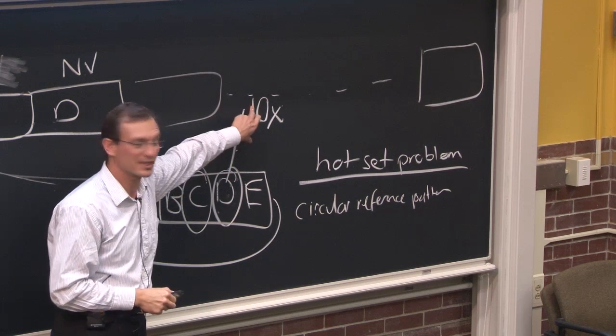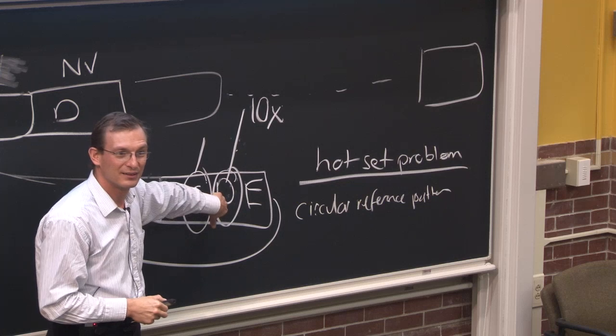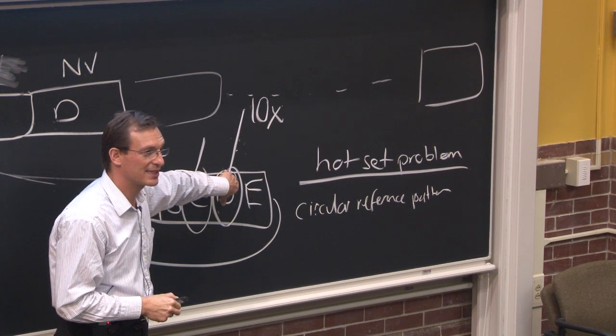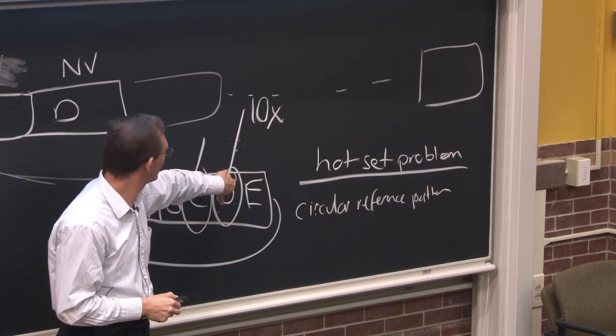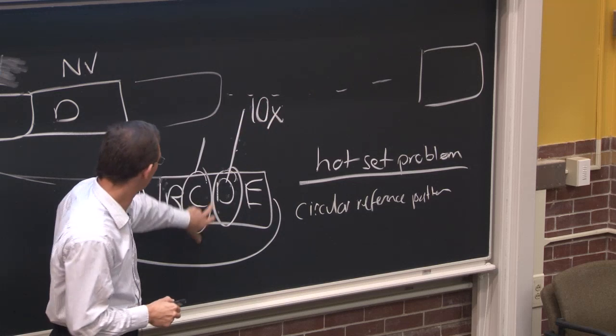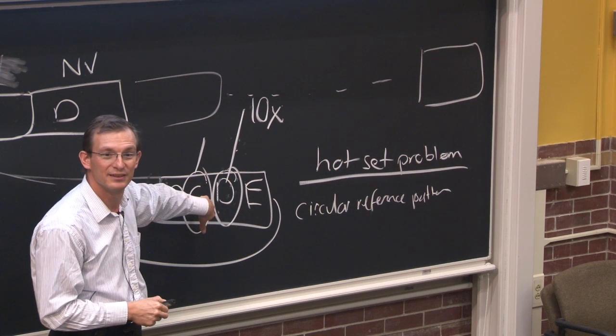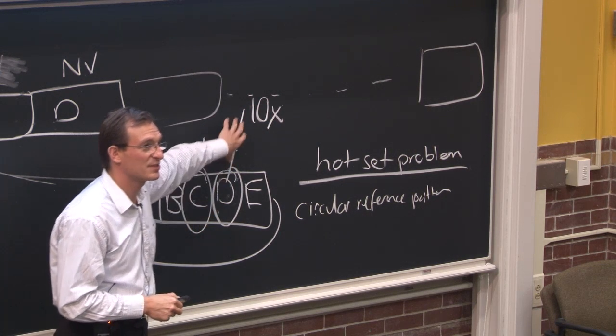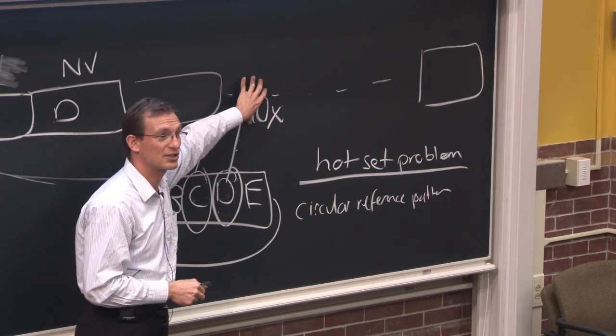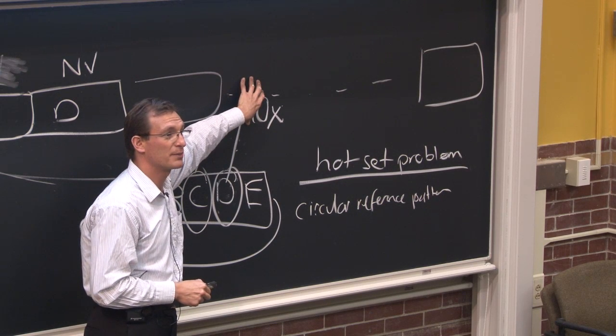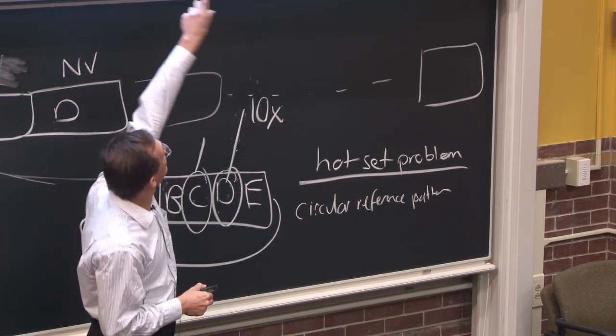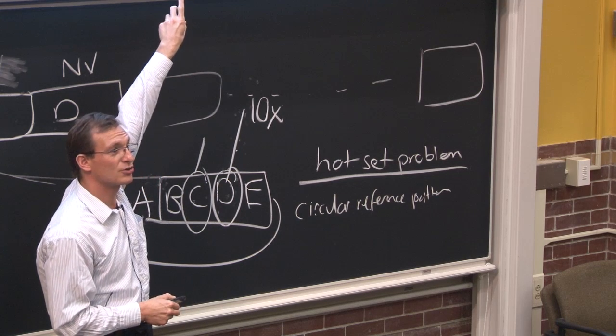It's a lot more important than block C. And it may be better to keep this in the cache, even though it's going to be referenced later than C. Right? That's the idea. If your cache misses have different costs, you need to take that into account in your replacement policy if you want to minimize execution time.